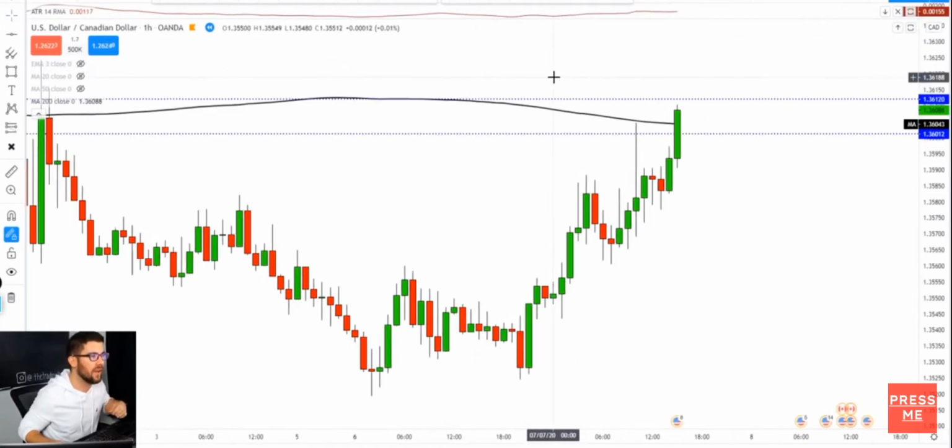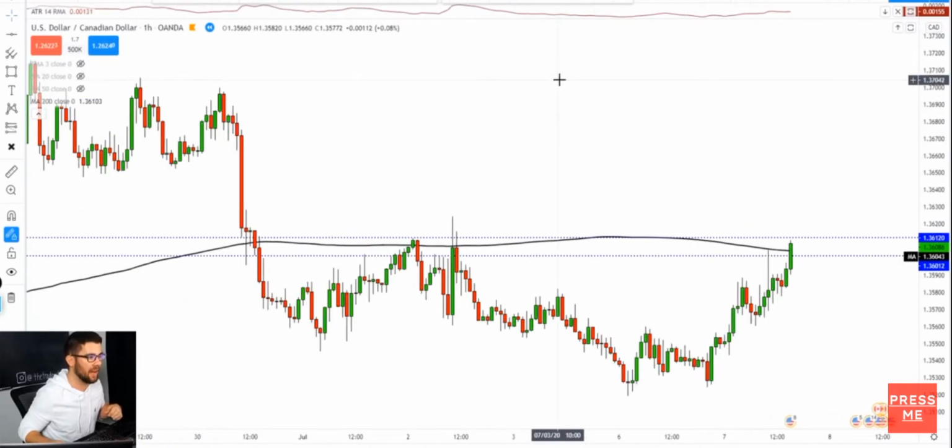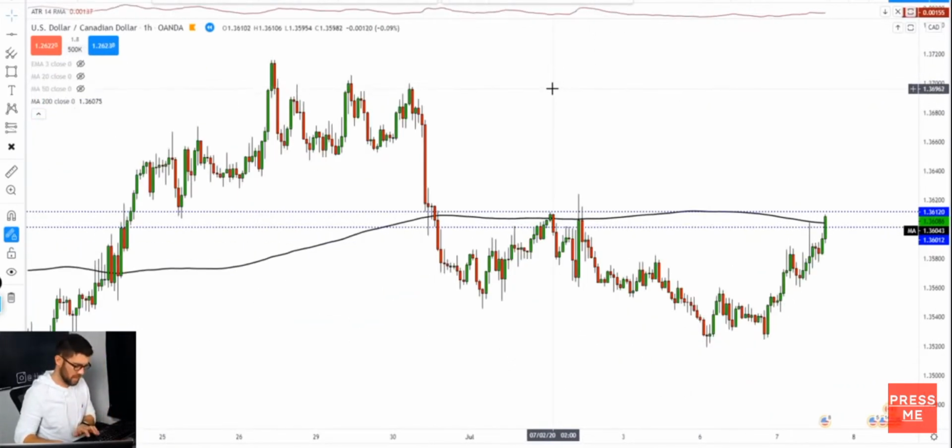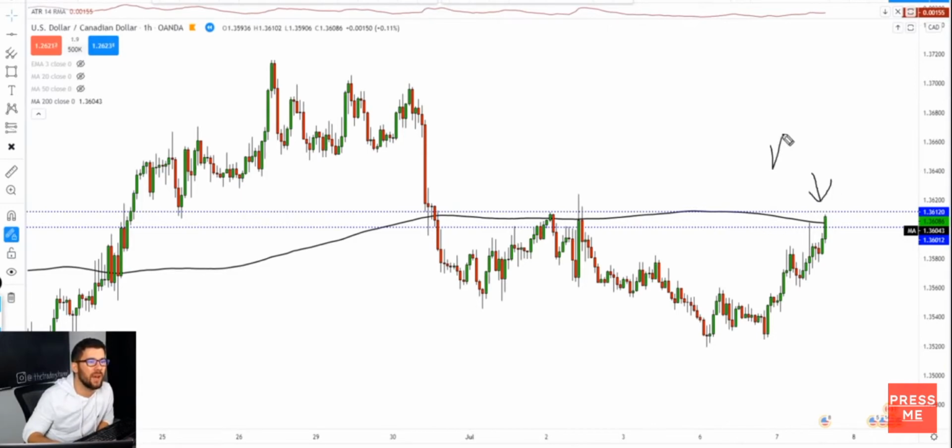But if I look left from this zone that I have, what do you see? This is not only the market hitting an area of value because of the fact that we are at the 200 period moving average. We also have that lining up with previous major structure resistance and support.